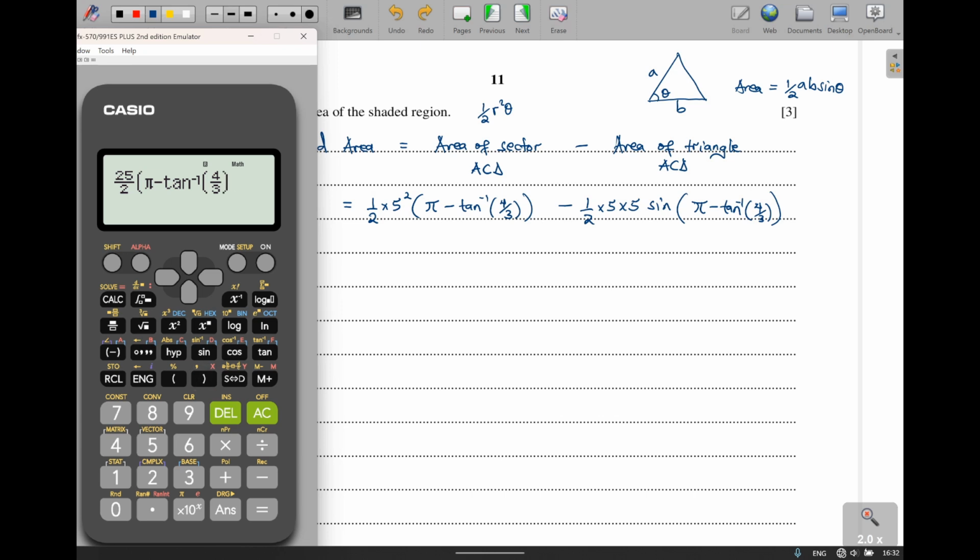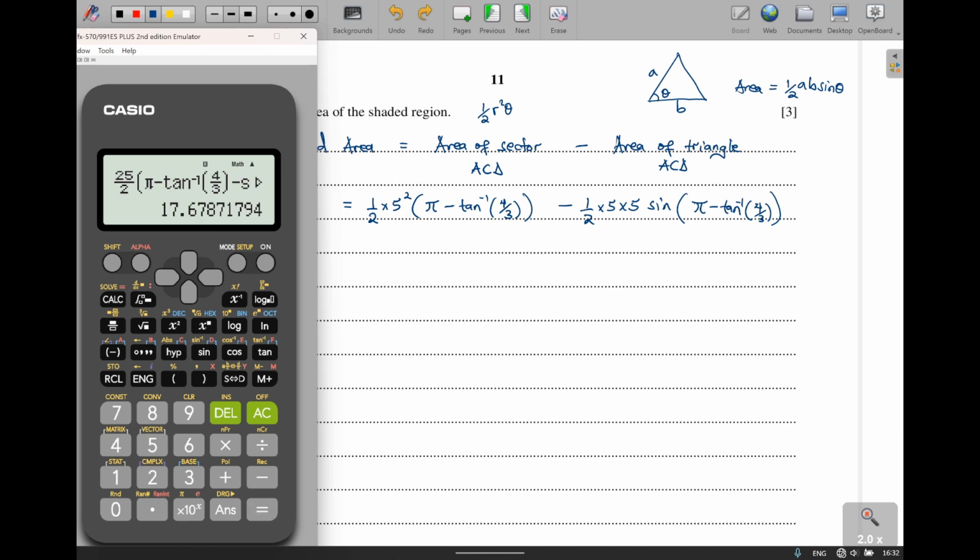Then the other one, minus sine of pi minus the arctan of 4 over 3, and close the brackets.